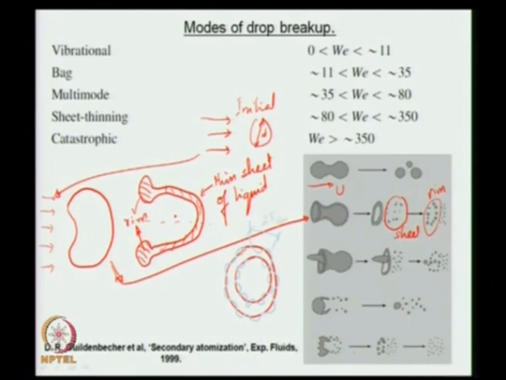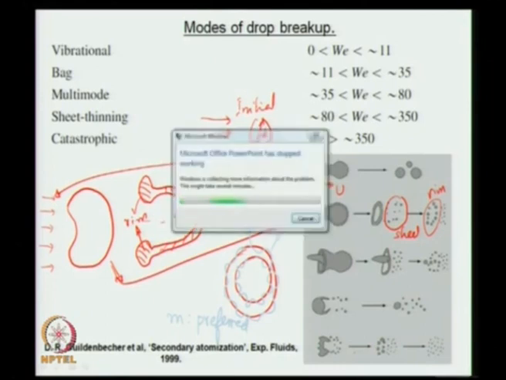So, there is a certain m which is preferred. There is a particular value of m that will have the maximum growth rate. It is like any other linear instability problem, where a certain mode is likely to grow faster than others.